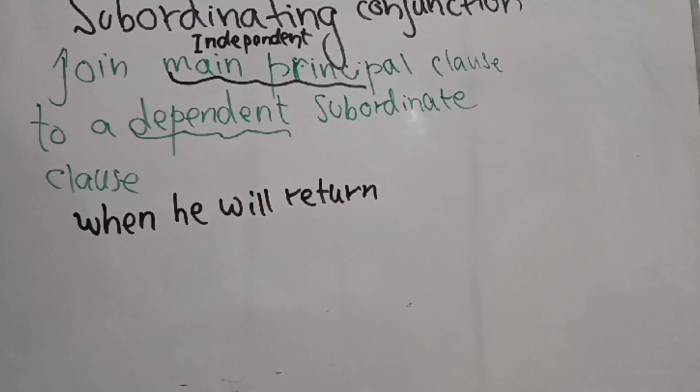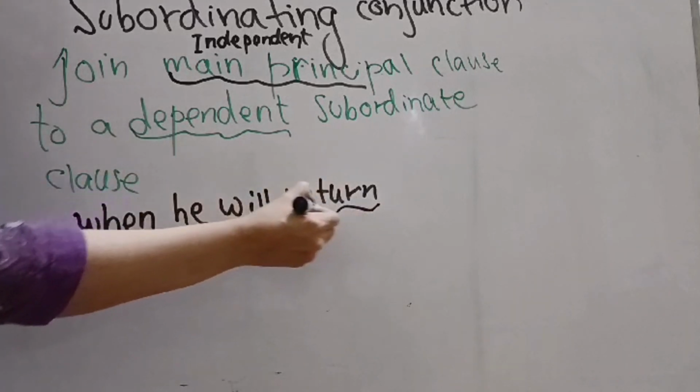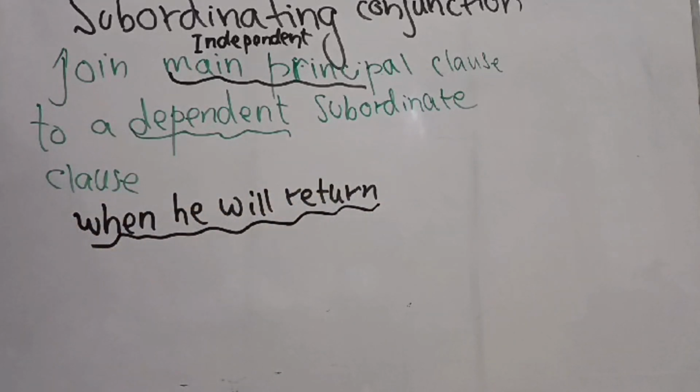When he will return, this is a dependent clause, because this clause needs an independent clause to complete the sentence. Who will return? When he will return. So here, this is called a subordinate clause.